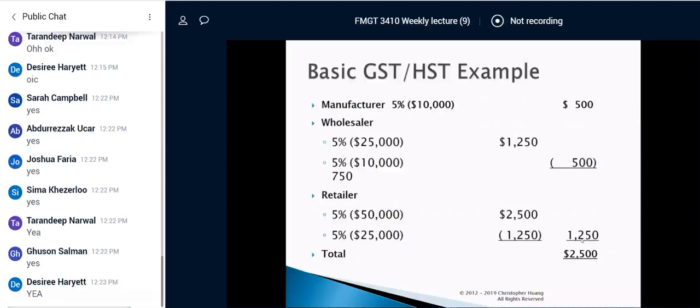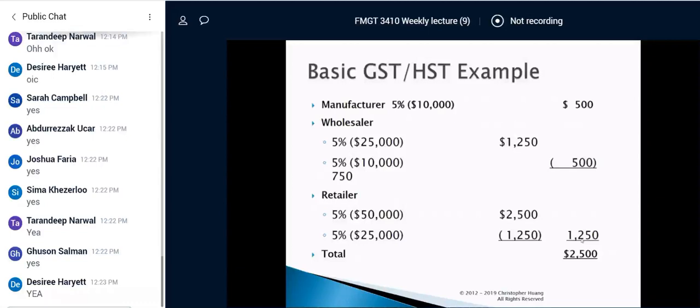Yeah, I'm getting tired. So you say you're the manufacturer. You manufacture something. You sell something to a wholesaler for $10,000. Wholesaler pays $500 of GST. Manufacturer takes that GST, gives it to the government. Okay, so wholesaler has paid $500 of GST. Now wholesaler is going to sell something to a retailer for $25,000.